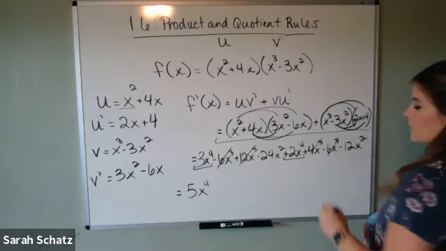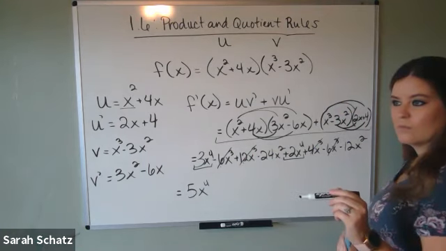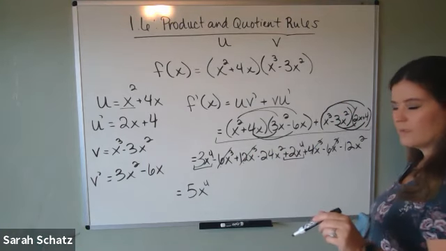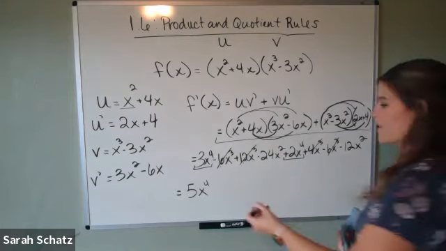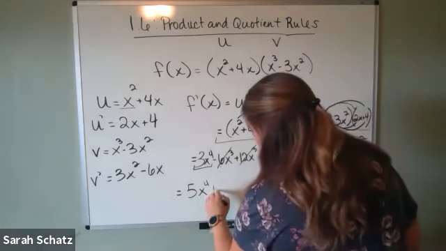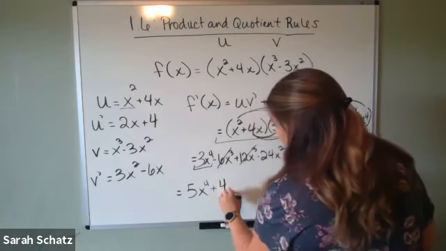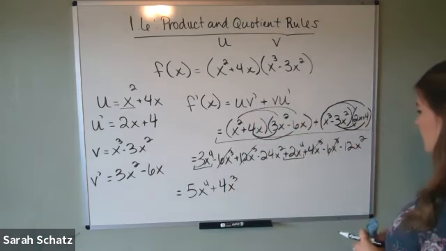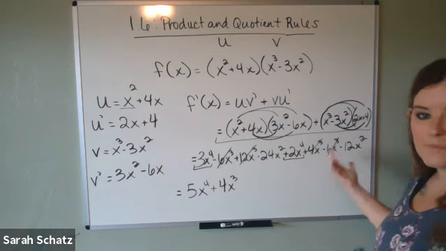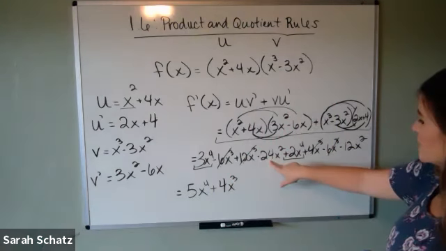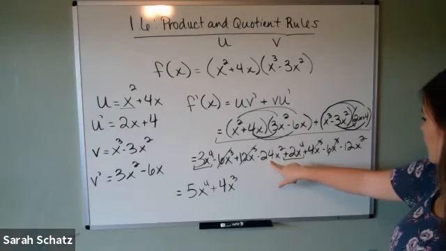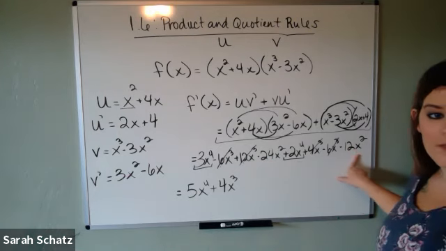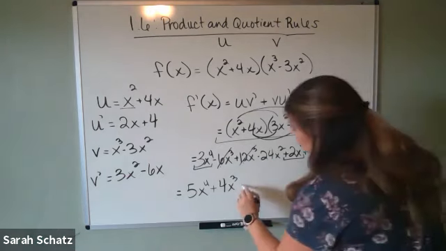Minus 6, we're back down to 4. Okay, so plus 4x cubed, and then we have x squared, and that's it. So we're almost done. Minus 24x squared, and we also have minus 12x squared. So it's minus 36x squared.